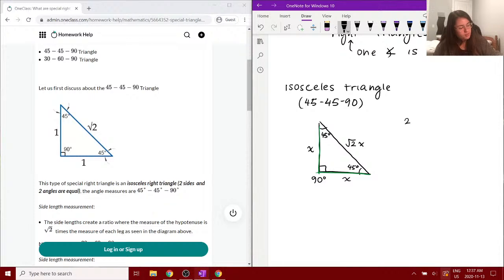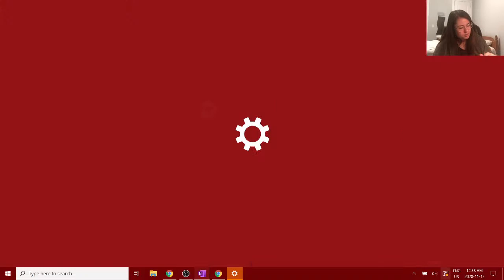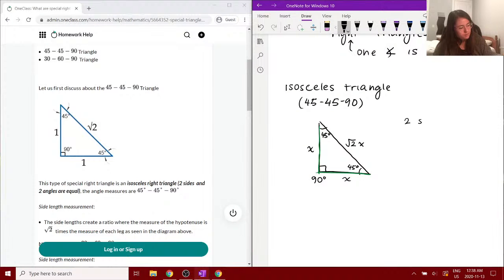So as you can see here, we have two of the same angles, and we have two of the same side lengths. Alright?